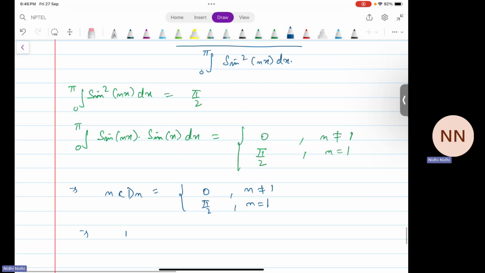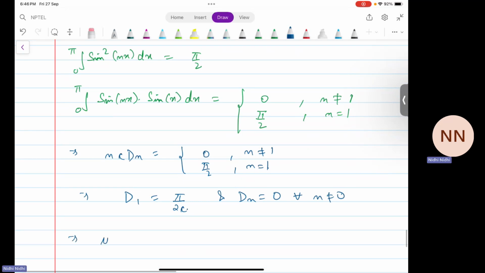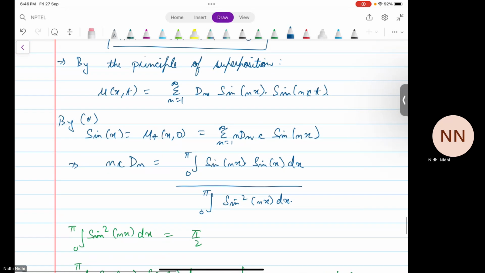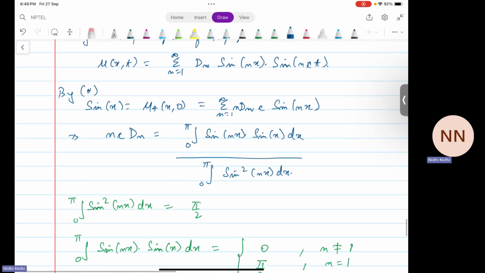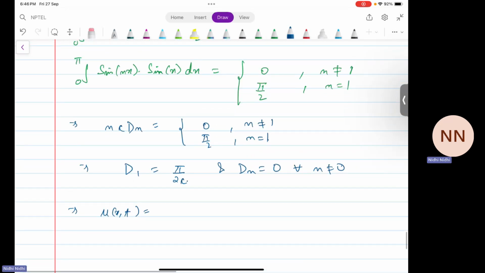This implies d1 is just pi by 2c, and dn is 0 for every n not equal to 1, which implies u(x,t) is just sine x sine ct times pi by 2c.